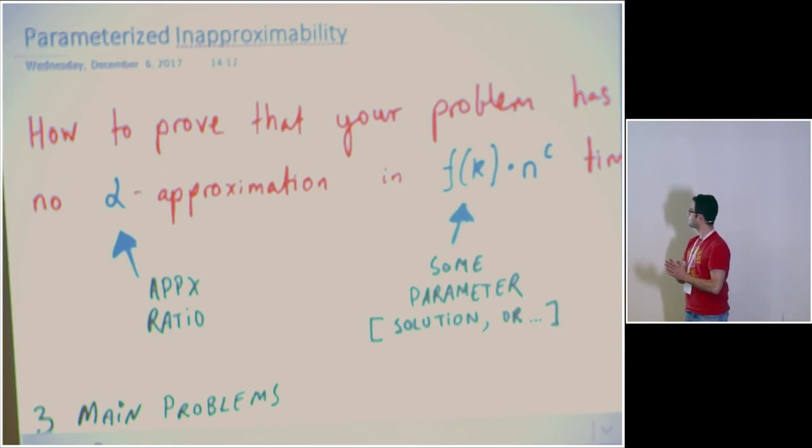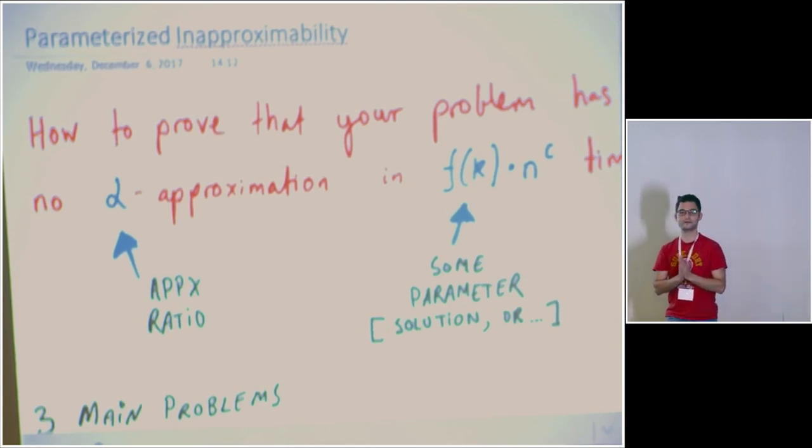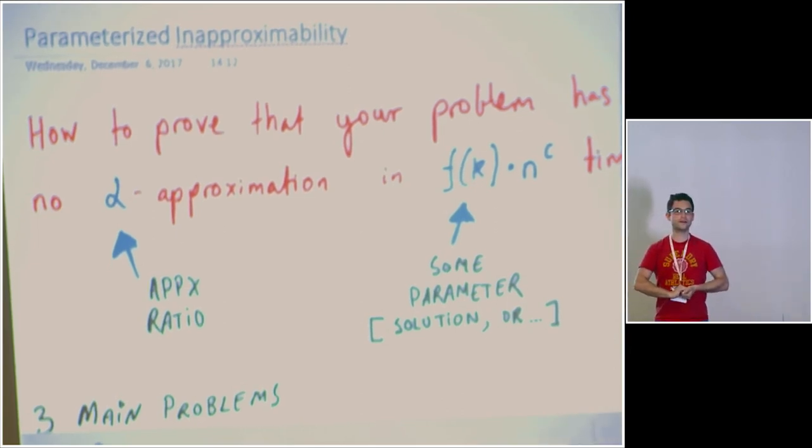But what this talk is about is that suppose you now have proved that your problem isn't fixed parameter tractable, or it is fixed parameter tractable, but your FPT algorithm is still too slow.